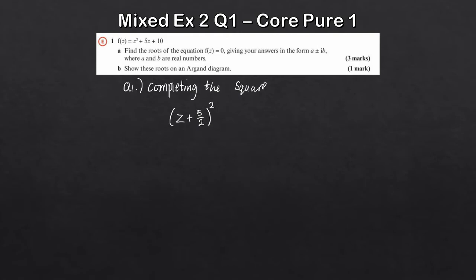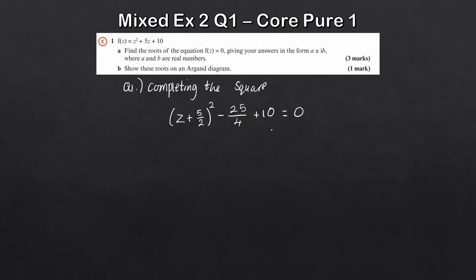We take the negative square, so if you square 5 over 2, that's 25 over 4, but we take it negative, it's minus 25 over 4. And then we add on what's left, which is the 10, so plus 10. And we know all of that is, like we're told in the question, f of z is equal to 0. So don't forget, this isn't any different to f of z in the question, it's just a better way of rewriting it to solve it.